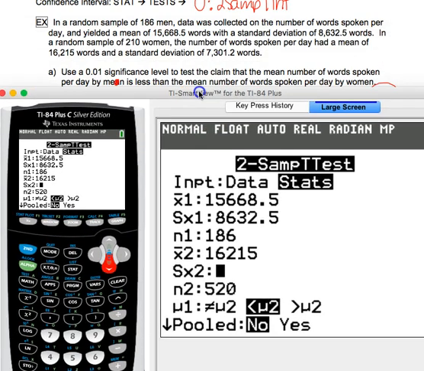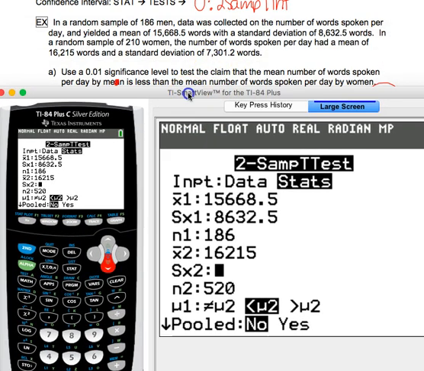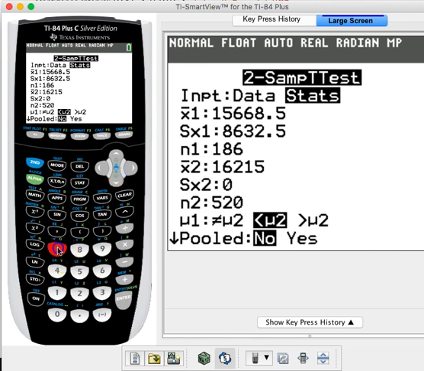And the standard deviation was 7,301.2. Sample size there was 210. So we're choosing, again, as we always do, in this case, our claim was a less than, so we'll keep it on a less than.